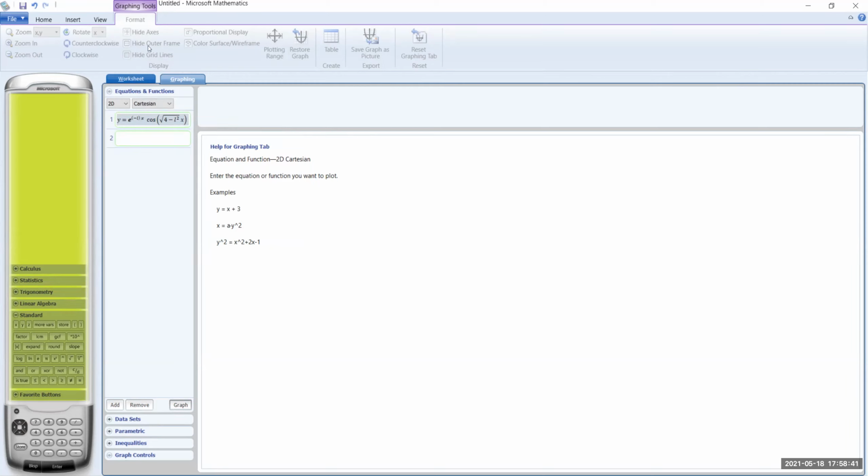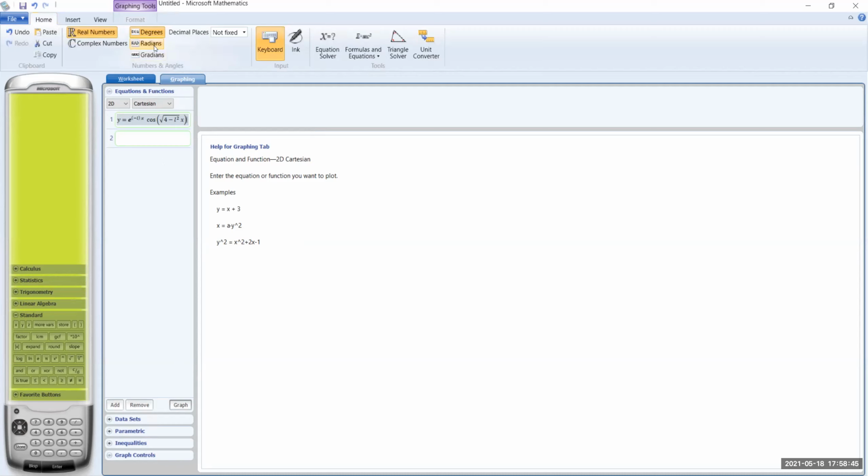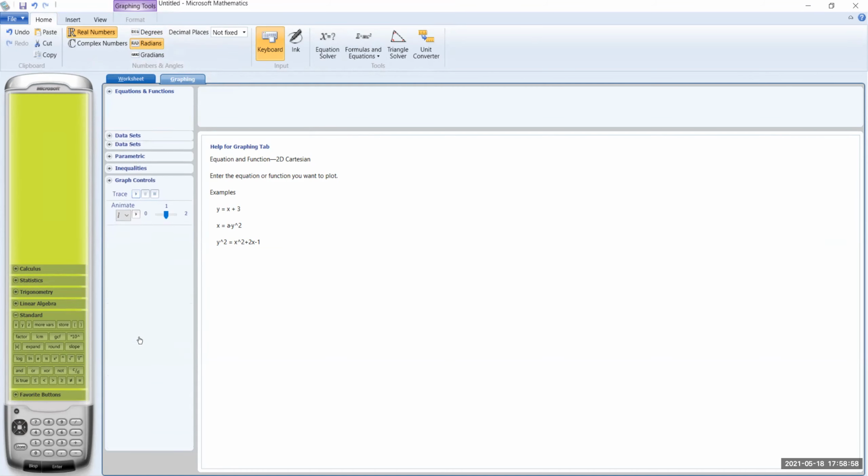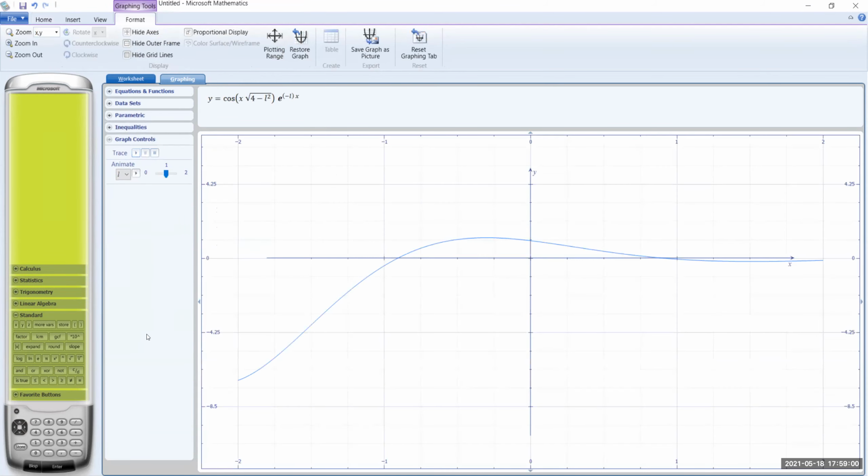Okay, so now let me make sure that the function that we're using is in radians. Okay, radians is fine. So let me go to the graphing again in here, and let's graph this function. And of course, I want to graph it from 0, because we don't care about time in the past.